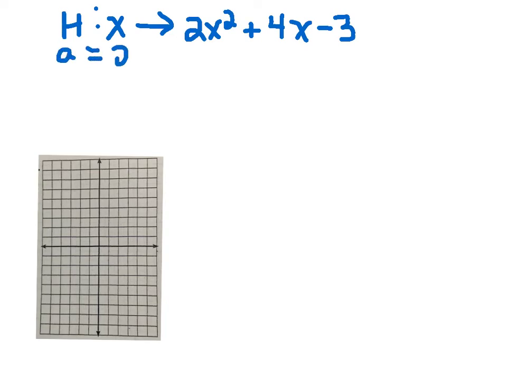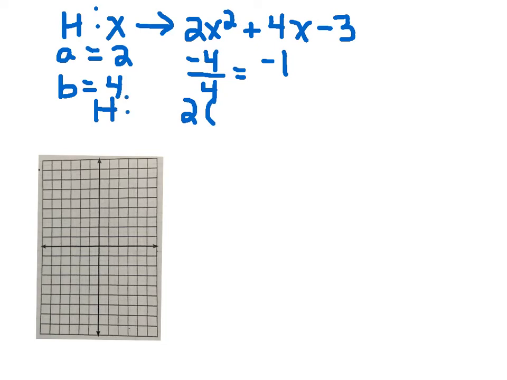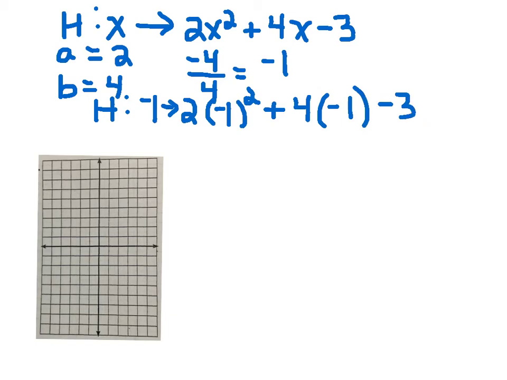We can see that a is 2 and b is 4. So the opposite of b over 2a is equal to -1. When I plug -1 into that function to find out what the y that goes with that is, in other words, h at -1 is 2 times -1 squared plus 4 times -1 minus 3.